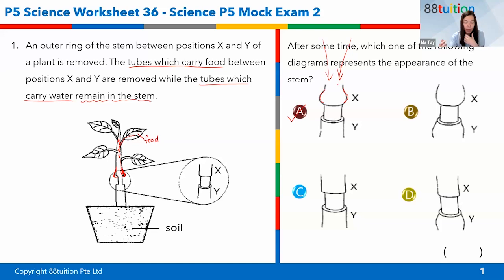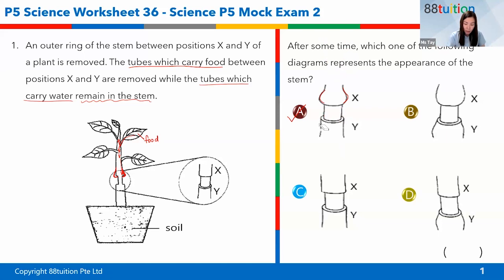So the food is trying to get to the roots, but it couldn't. But over the bottom part, because water can still flow upwards, there is no sugar that is being formed at the bottom part of the plant. So no food will be transported upwards. Clear? So there is nothing to accumulate at this section.